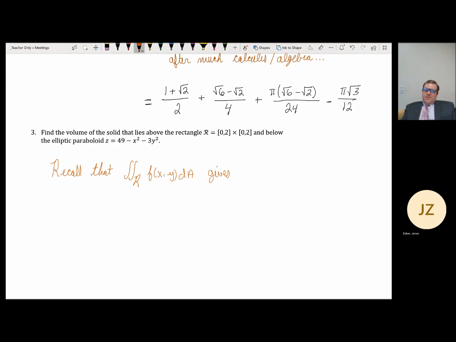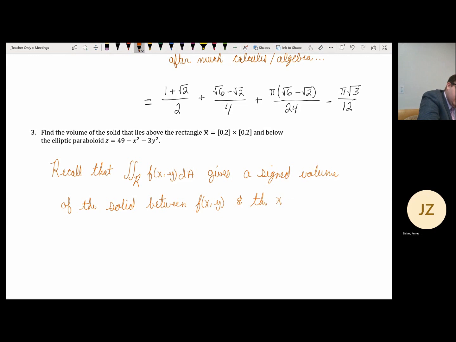It gives a signed volume. A signed volume of what? The solid, or the region between the function and the xy plane over that domain of integration R. Positive if it lies above the xy plane, negative if it lies below.